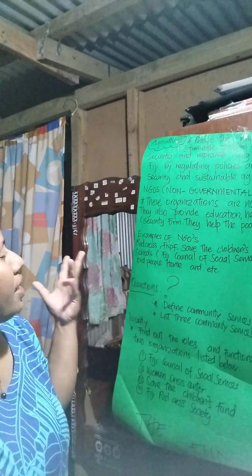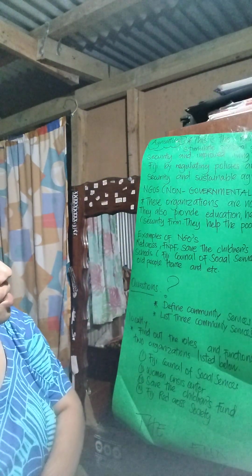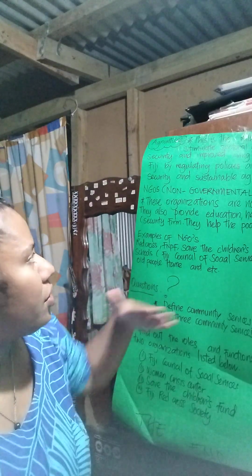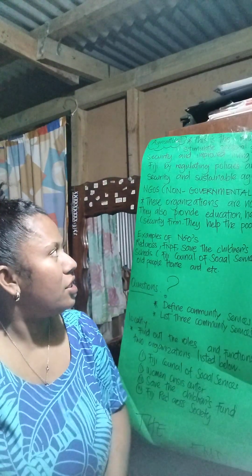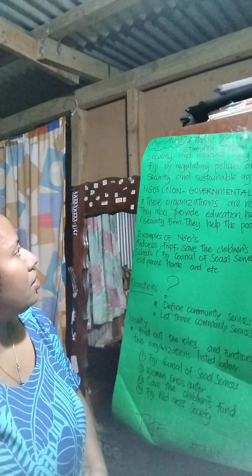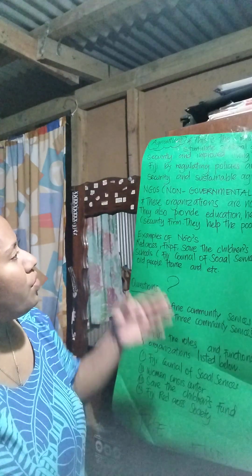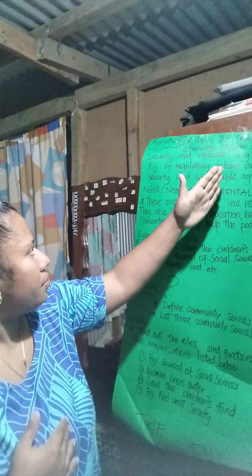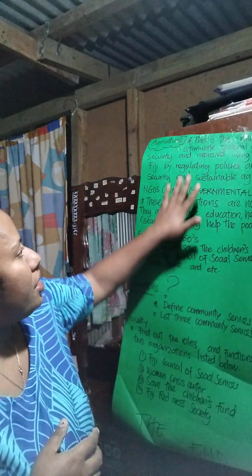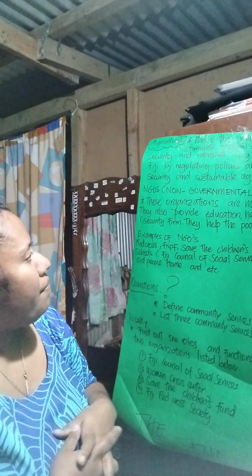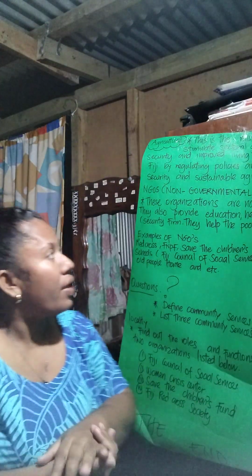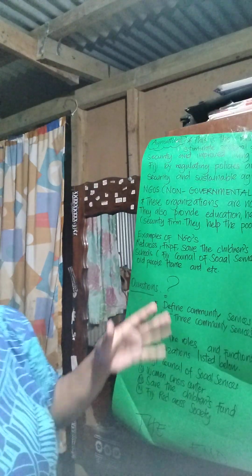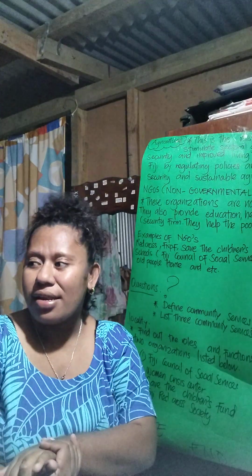And what else did we learn today that is under government organization? Agriculture. This is where they improve living standards by regulating policies and programs to achieve security and sustainable agriculture.